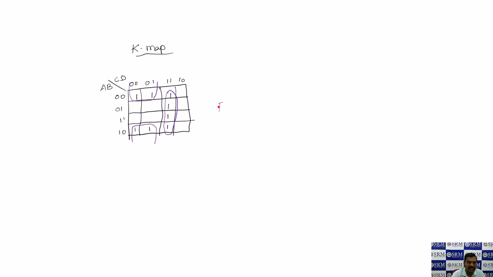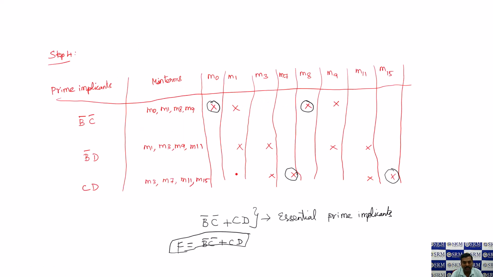F can be written as CD plus, now compare this: the first bit is the same here, the second bit is the same, that is B bar C bar, right? This was verified with the help of the Quine-McCluskey or tabulation method.